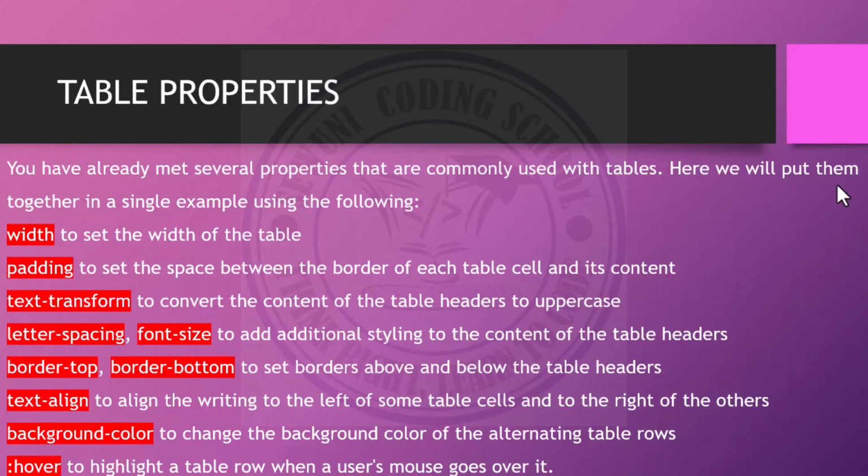And then we are also going to talk about letter spacing, font size, border top, border bottom, text align, background color, and even hovering. The hover is used to highlight a table row when a user's mouse goes over it, so that you know which particular cell you are currently on.